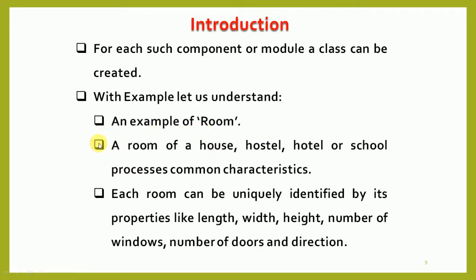This room may be of a house, hostel, hotel or school, right? So it has common characteristics. Each room can be uniquely identified by its properties, right? Which are the properties? The properties are length, width, height, number of windows, number of doors and directions.